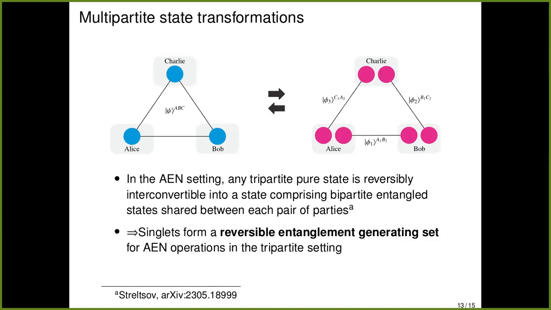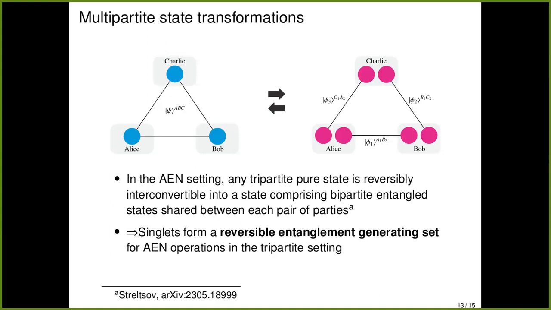And basically this is also a question that has been raised many years ago, whether such a conversion is possible or not. And this is related to what is called reversible entanglement generation sets. So what is the smallest set of states that can reversibly be interconverted into any other state.